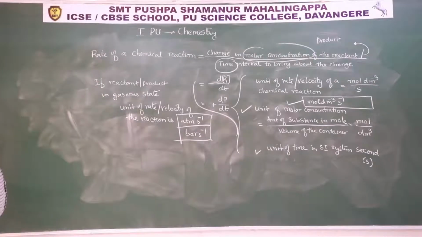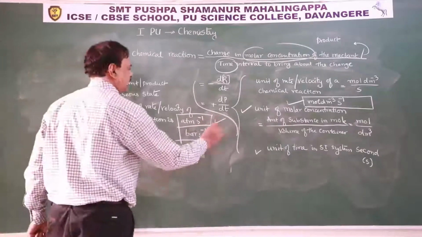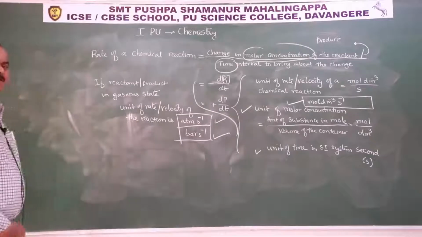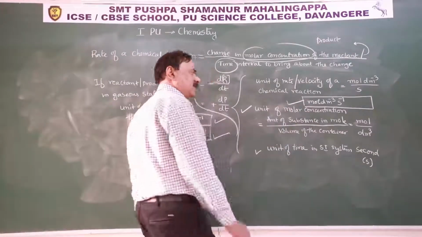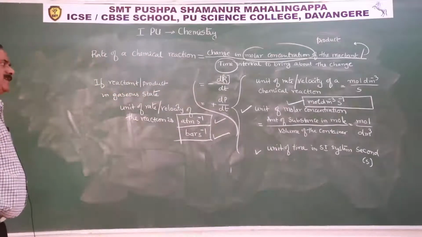The unit of pressure is either atmosphere or bar. This is whenever the reactants or products are in gaseous system. In all other cases, we express it in terms of moles per cubic decimeter per second.